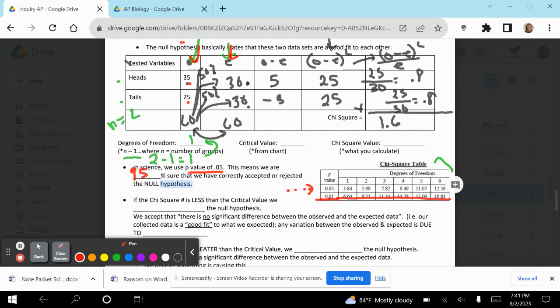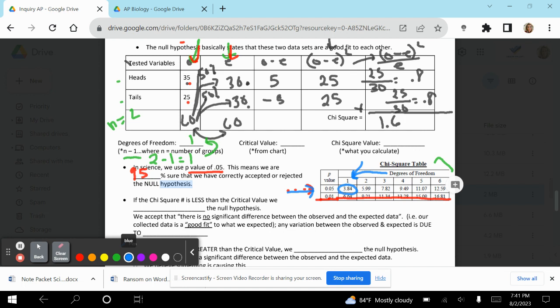All right, so now we have two values. My degree of freedom is 1, and we're going to use this p-value of 0.05. Then we see this intersection here with the number 3.84.